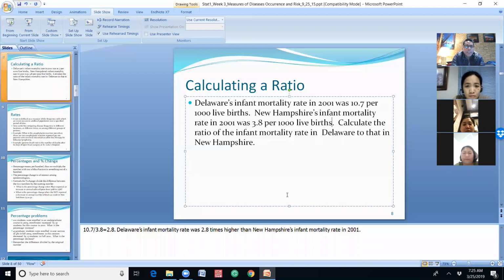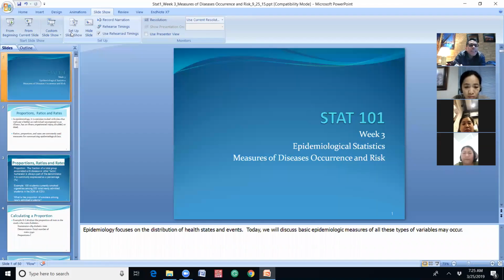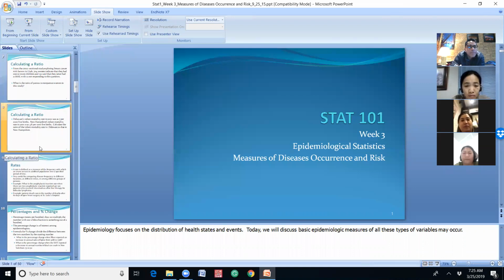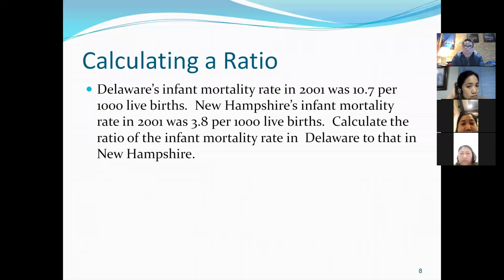What we need to do is simply divide 10.7, the rate in Delaware, by 3.8, the infant mortality rate in New Hampshire, because it's Delaware to New Hampshire. That equals 2.81.